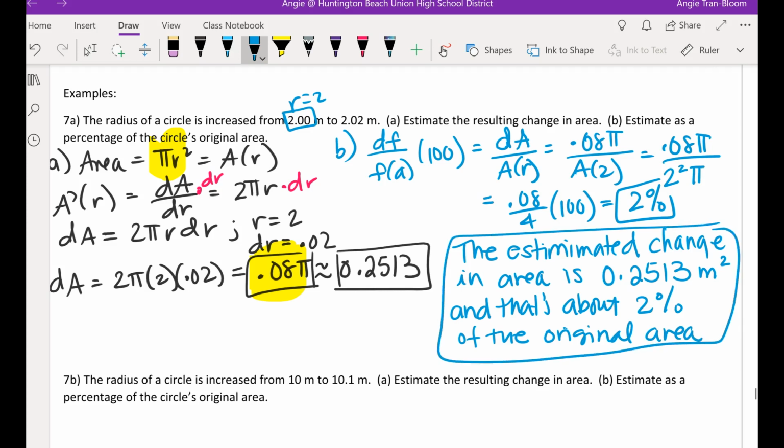Box it up. There you go. So as you can see, the change doesn't look like it's a big number, 0.2513. So as you can see, it's 2% of your total original area.